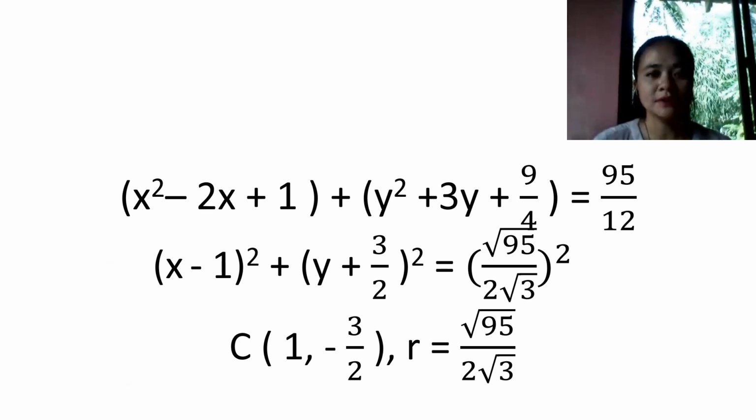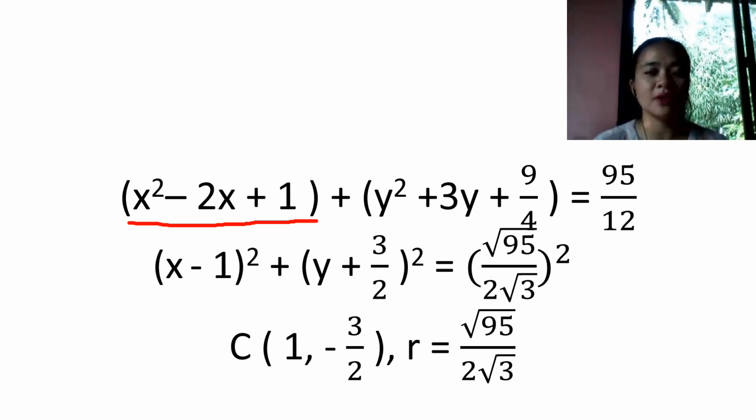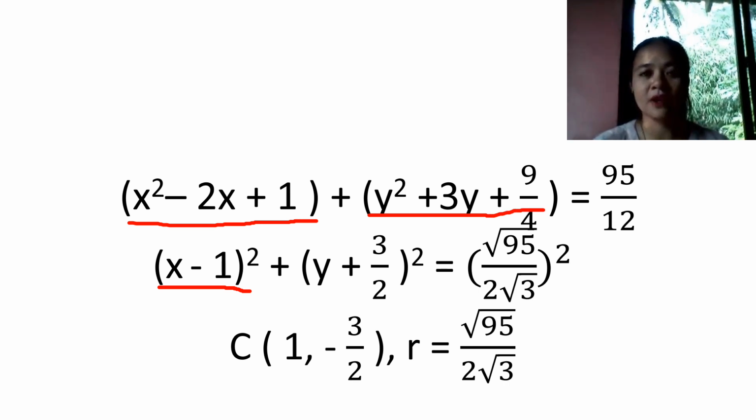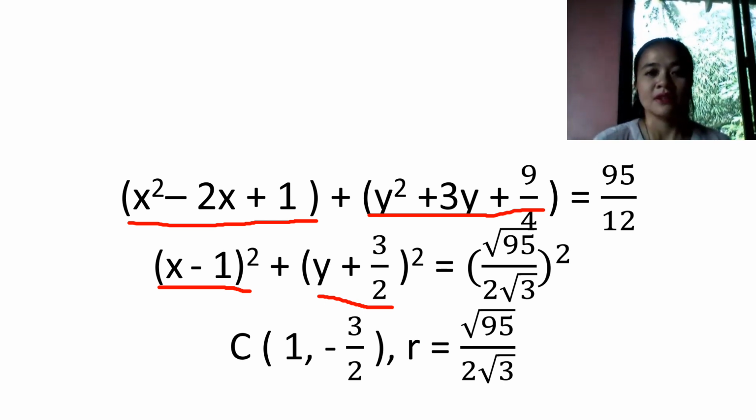The result now, so let's factor first the trinomial x squared minus 2x plus 1. The result is x minus 1 squared. Factor also y squared plus 3y plus 9 over 4. The result is y plus 3 halves squared, is equal to, since the result of 14 over 3 plus 1 and 9 over 4 is 95 over 12.